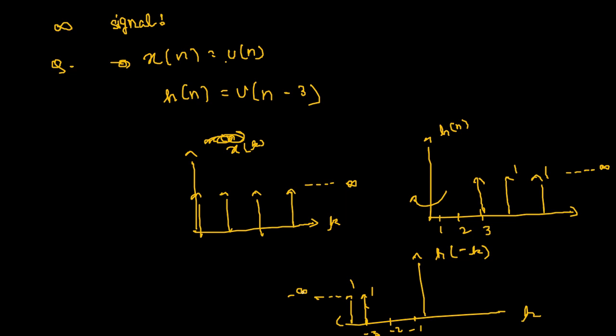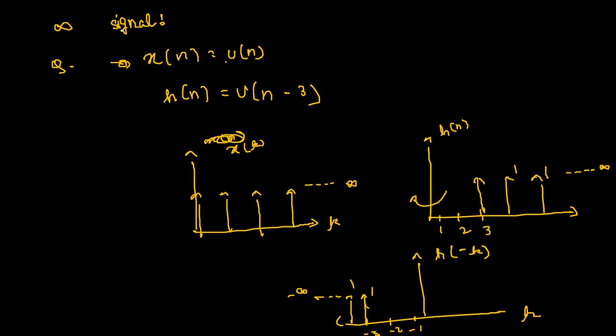Now what we need to do is take different values of n like we did initially. The first thing that we have to calculate is y of 0. That is, what is the value when you multiply x of k and h of minus k without any shifting. Because we are calculating y at 0, it will simply be h of minus k.